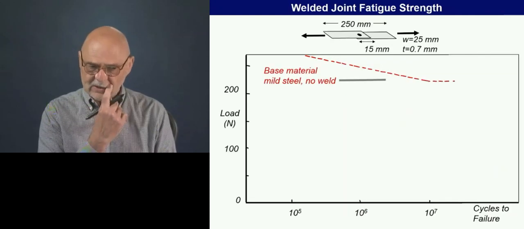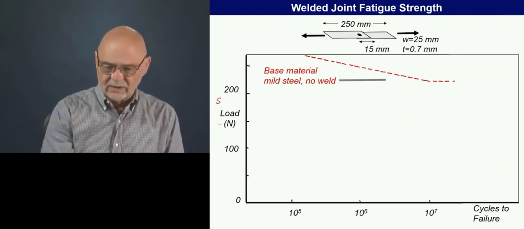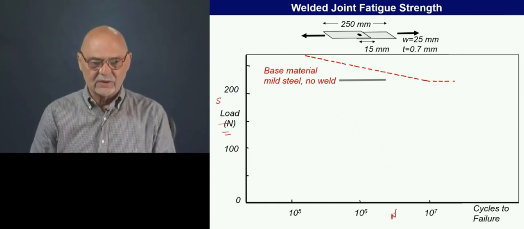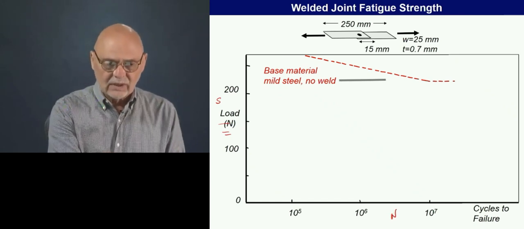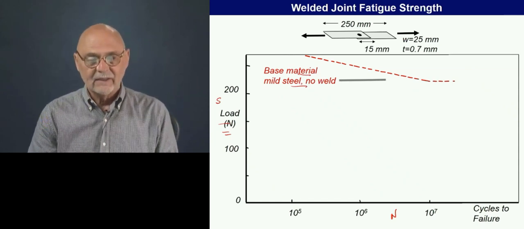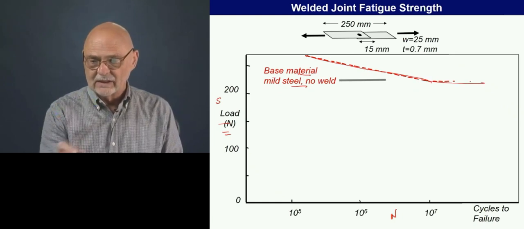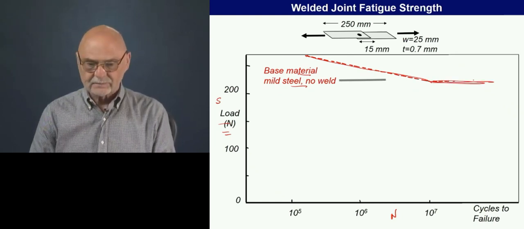If we look at the SN curve here, this is the stress or load level, and this is the number of cycles to failure. If we were to consider just a base material, right now without a spot weld in it, we would have this kind of behavior with an endurance limit.